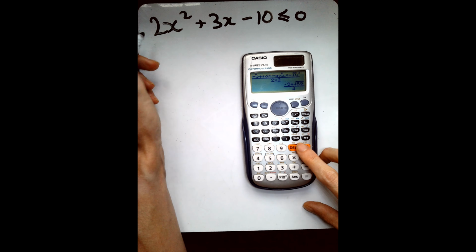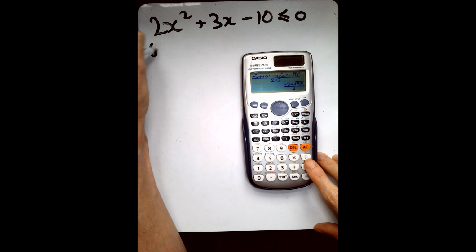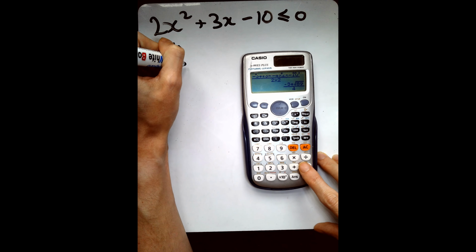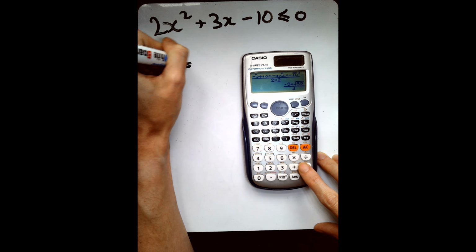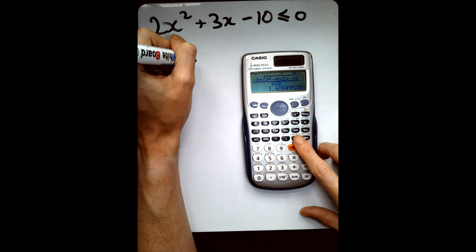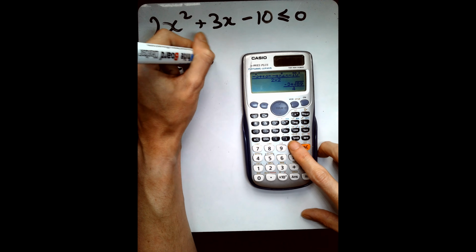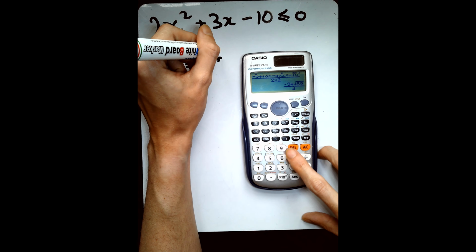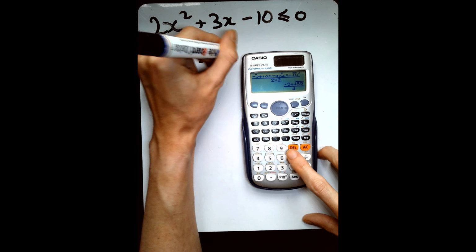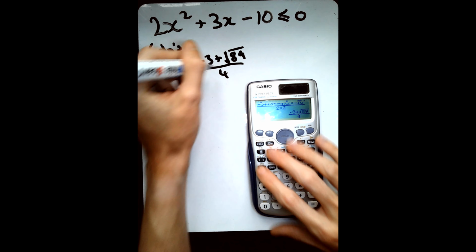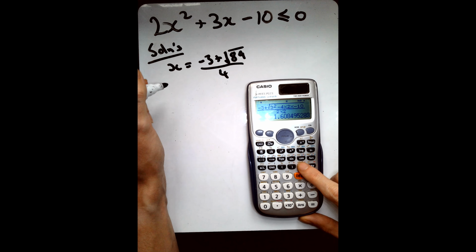And we get this. So solutions are x is equal to, what have we got, 1.6. I'm going to write this as a surd. So negative 3 plus square root of 89 over 4, and that is about 1.6.